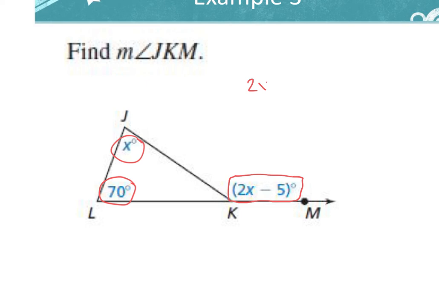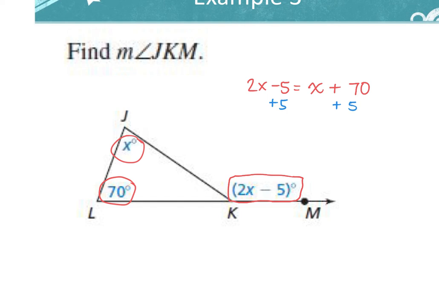So 2x minus 5 is going to be equal to x plus 70 degrees. From here, you can either add 5 or subtract x first. I'm going to add 5 first.